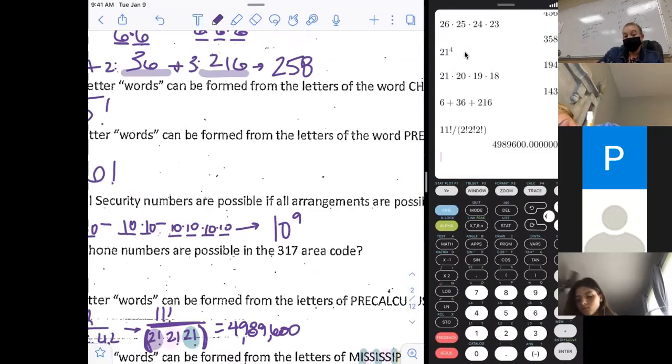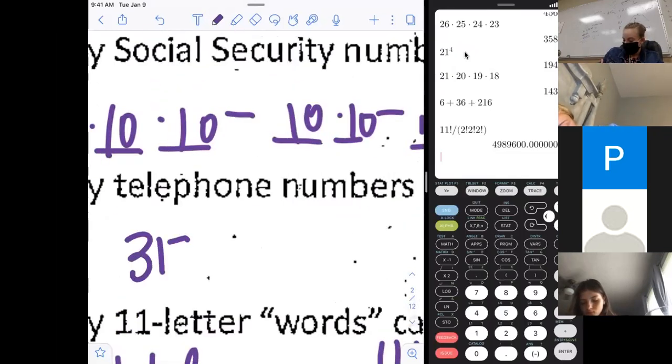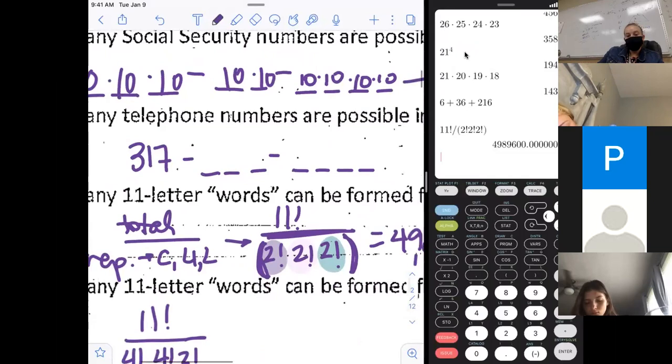The next one's super similar because it's talking about phone numbers with the 317 area code. If you get a telephone in Indianapolis, almost all of us have a 317 area code. And remember, your phone number goes 3 digits, and then 4. Again, I don't really know anyone whose first number is a 0, but let's pretend it can be anything.